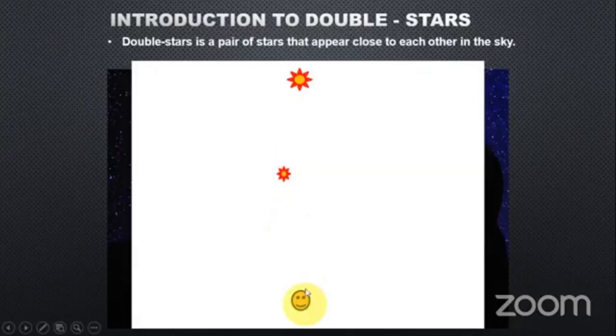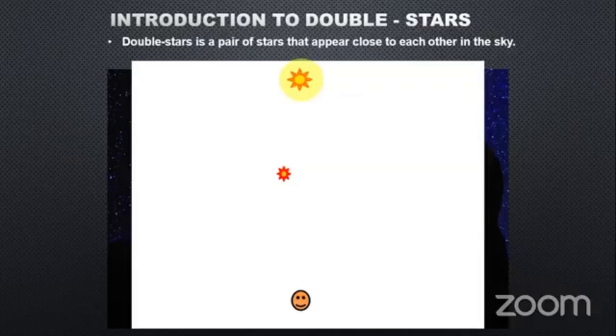So here is an observer looking at the two stars. As this observer is looking at these two stars, he might see this, okay? But in reality, the two stars are not close to each other. Physically, they are not related.